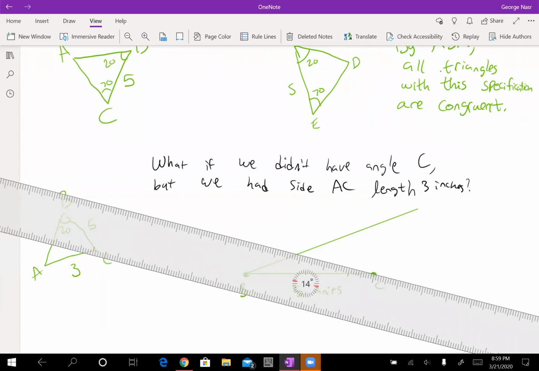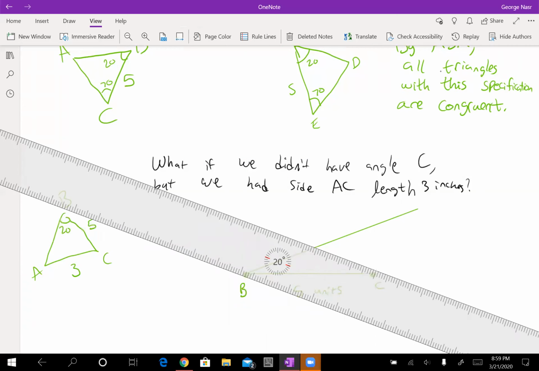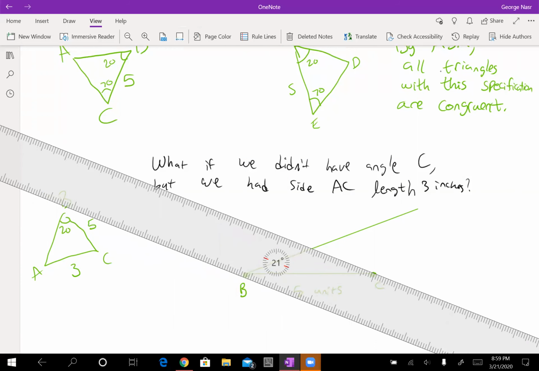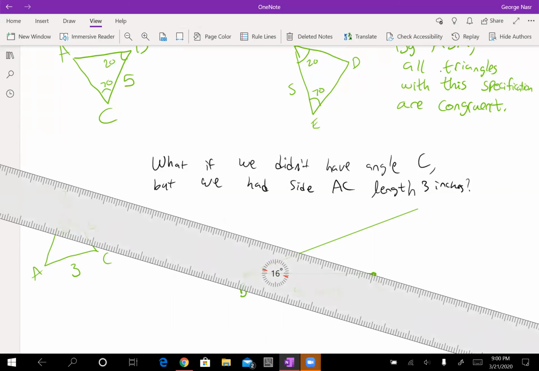So how do I reach 3 units? This is 1, 2, 3. If I finagle around, I claim that I have a 3-inch guy right there.